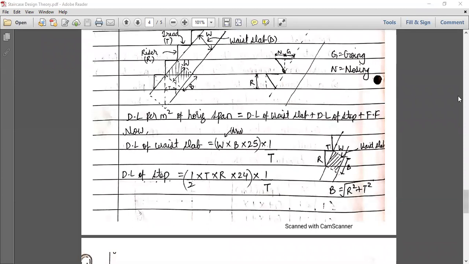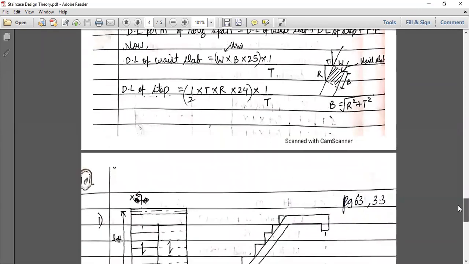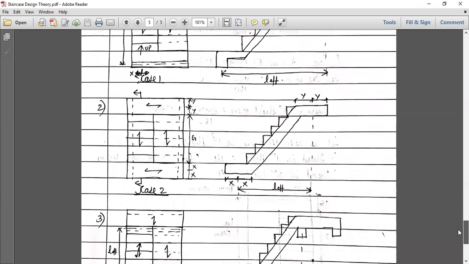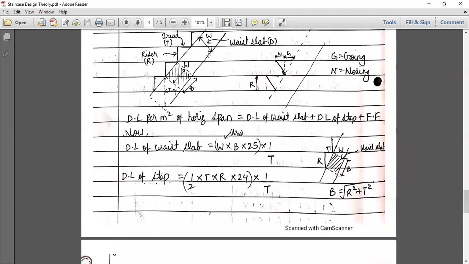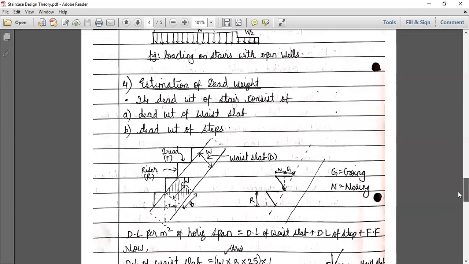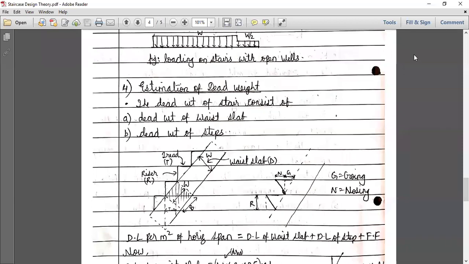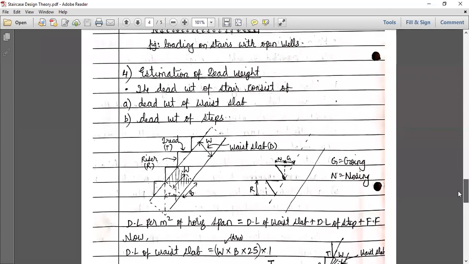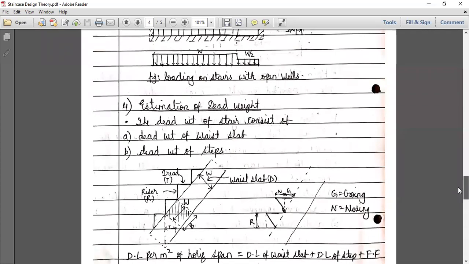So that was all about the theory part of the staircase. Now with the help of this knowledge you can easily solve any numerical. Okay, is anyone having any doubt? They can ask me right now because we don't have much time left. In the next lecture, we will start with the numericals.